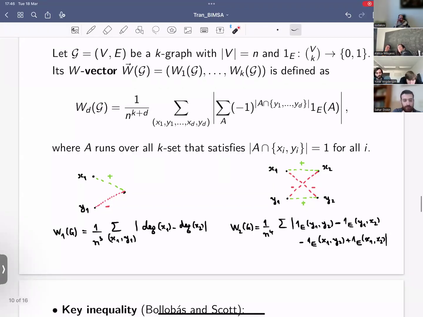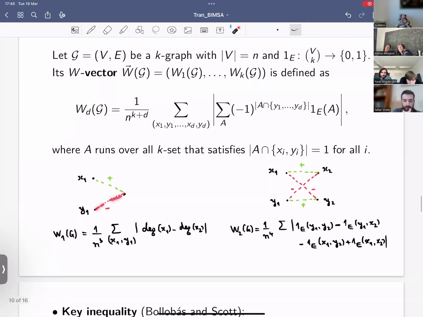So when d is 1, we need to consider two distinct vertices, x_1 and y_1. For any other vertex in the graph, this pair has sign plus, and this pair has sign minus.